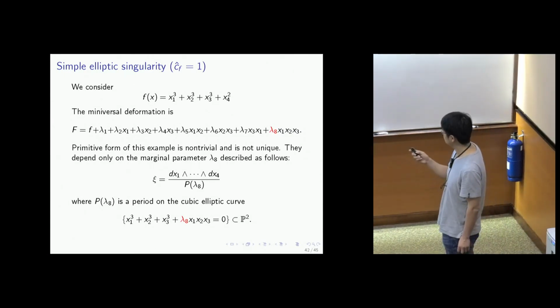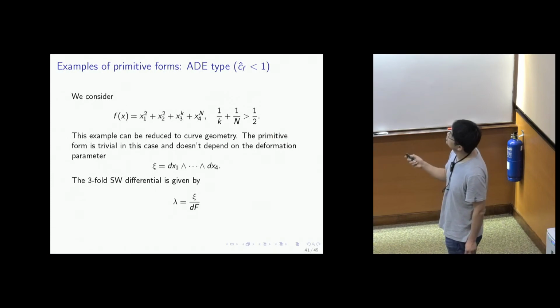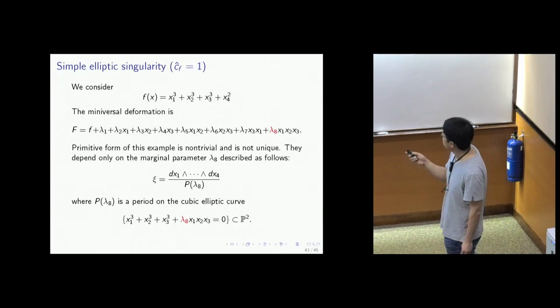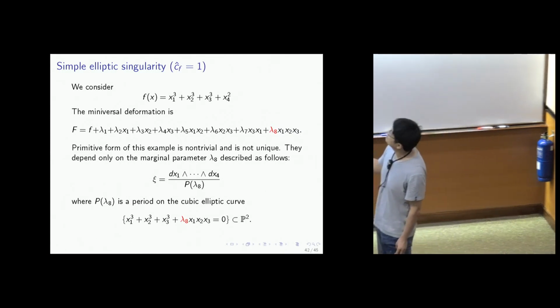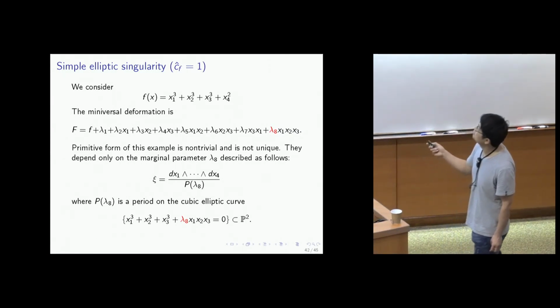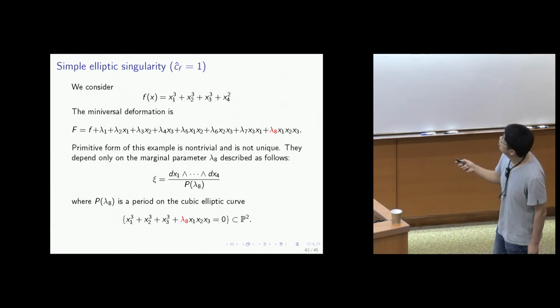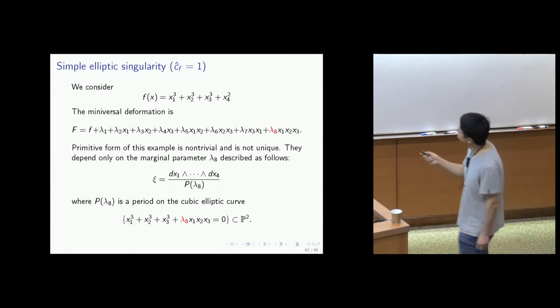Comparing to the previous ADE case, there if you do the period map over a vanishing cycle, you find the Seiberg-Witten case. But in this case, if you just naively do the period map for this trivial form, you get something wrong. I have to divide this trivial form by some function, some period on the corresponding cubic elliptic curve.